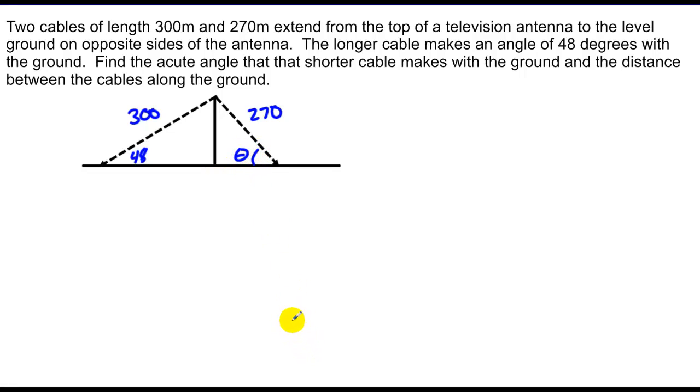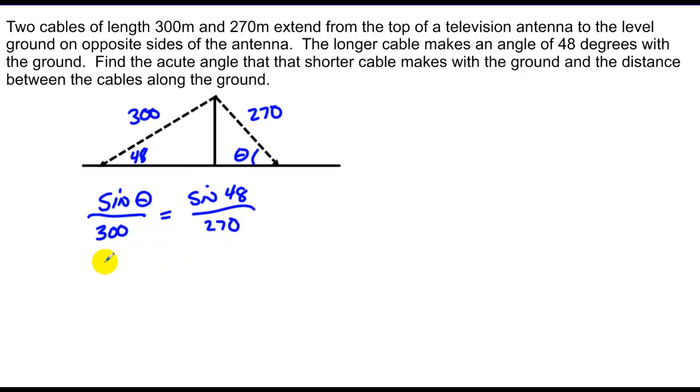Alright, and this is really set up nicely for a law of sines problem because I have, if you'll notice, two sides and an angle given. Alright, and here's the missing angle. So I could find the sine of theta over the opposite side, 300, is equal to the sine of 48 over 270.